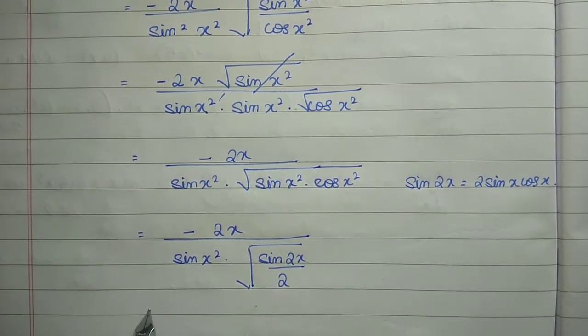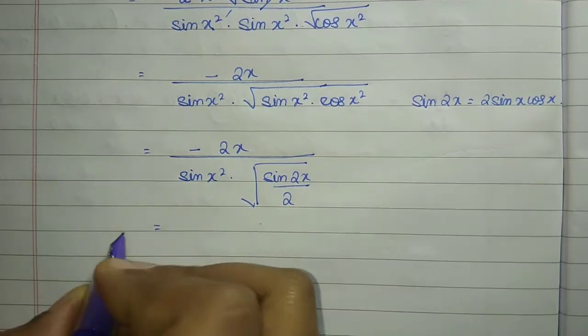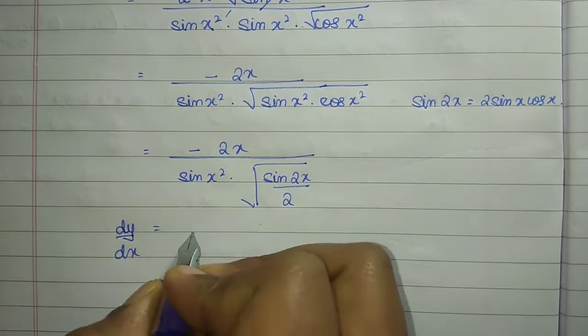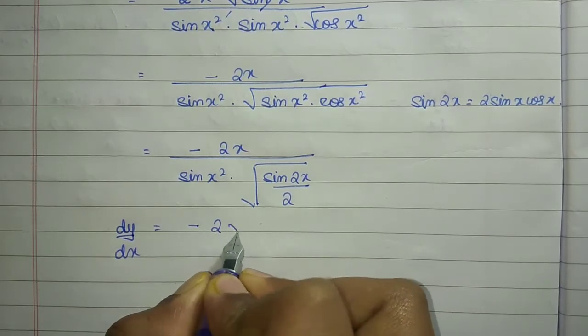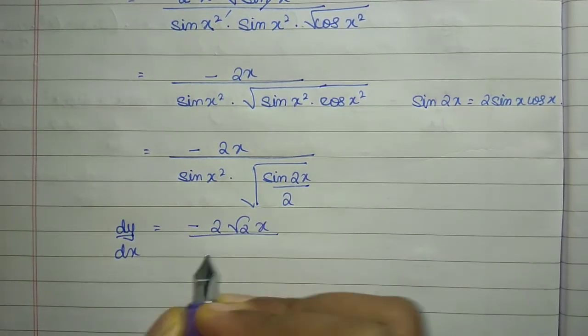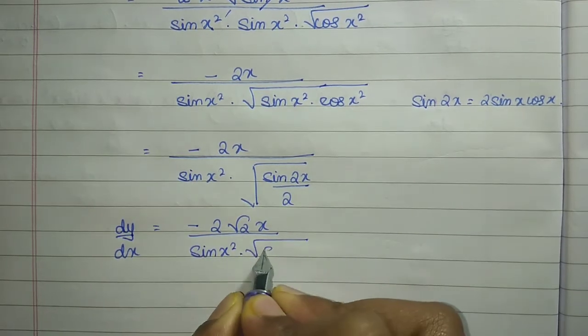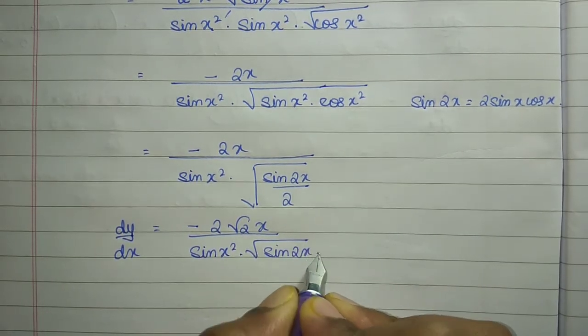So further dy by dx is equal to minus 2 root 2x divided by sin x square into root of sin 2x.